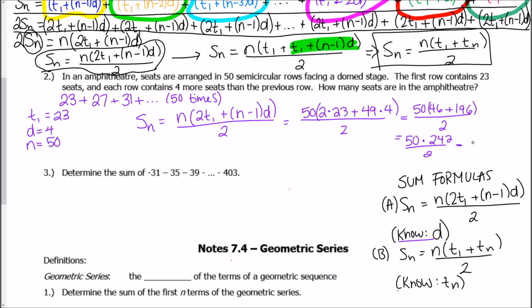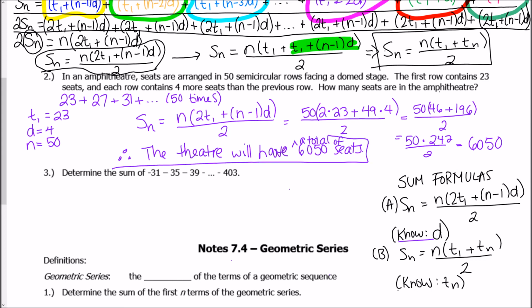When I multiply all of that out, I get 6,050. So therefore, the theater will have 6,050 seats altogether.